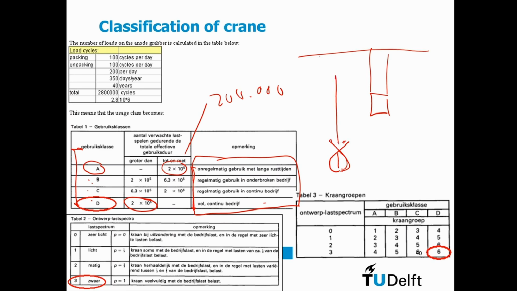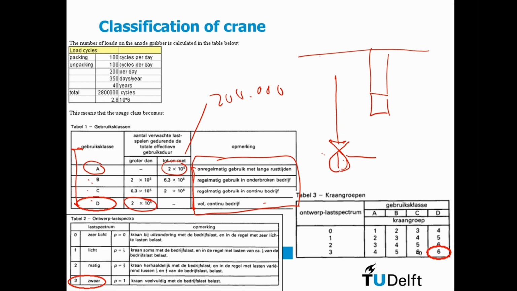If I lift a grab, then the weight of what I lift is always the same, because it's the maximum load. So with a grab, every grab is full, so the load per load cycle is always the maximum load.